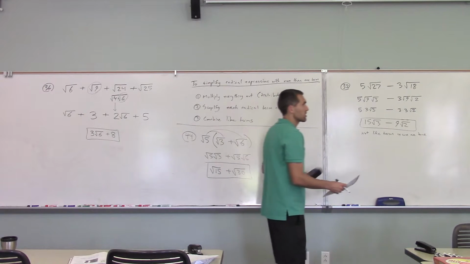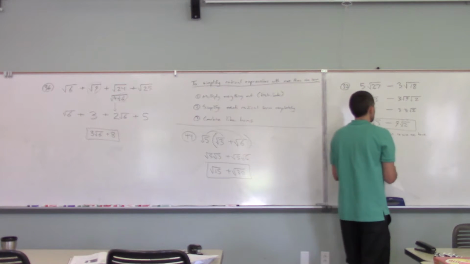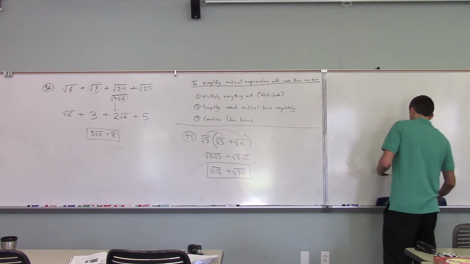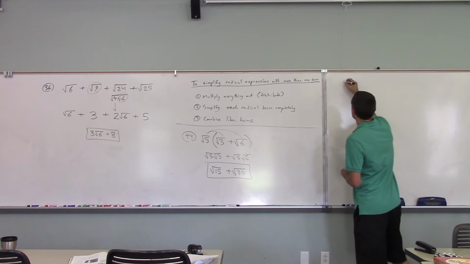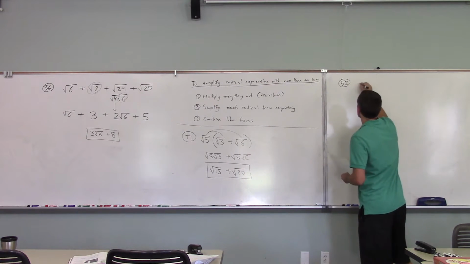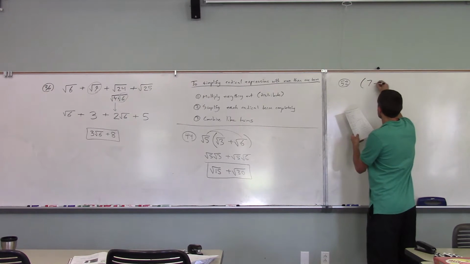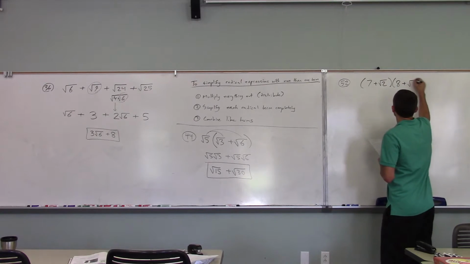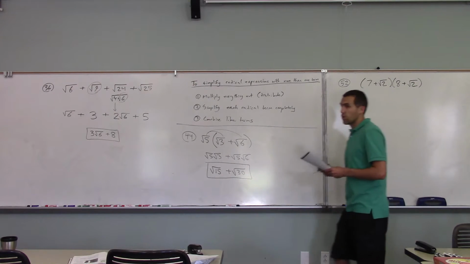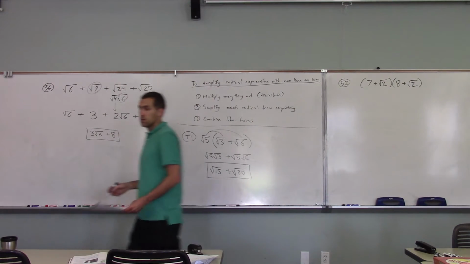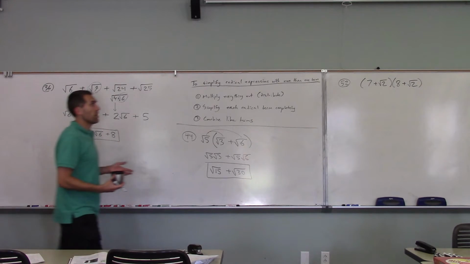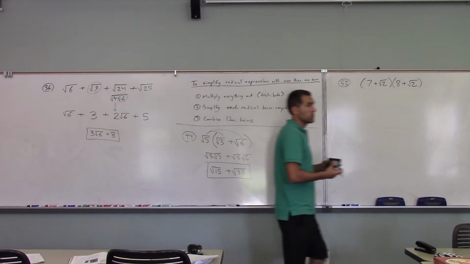I'll show you one more example, and then I'll just write a couple examples on the board for you guys to come do. But again, there's nothing new here other than something like 52, where now I have 7 plus root 2 times 8 plus root 2. You guys have all the abilities in that problem. I'm not adding any wrinkles. How would we multiply a binomial times a binomial?